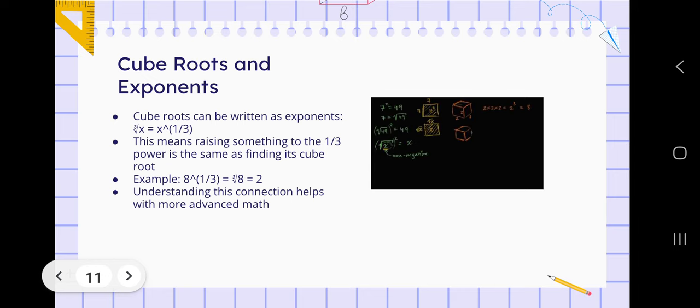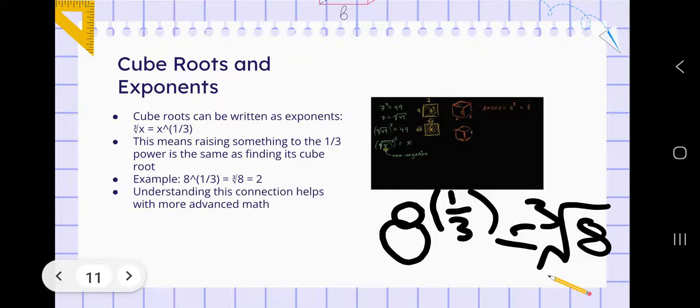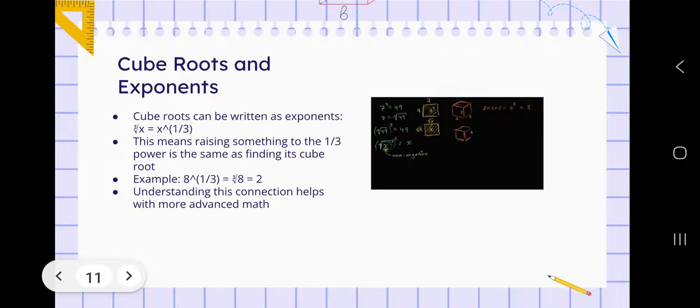For example, 8 to the power of 1/3, which is how I'd write the cube root of 8, is equal to 2. Understanding this connection helps with more advanced math.